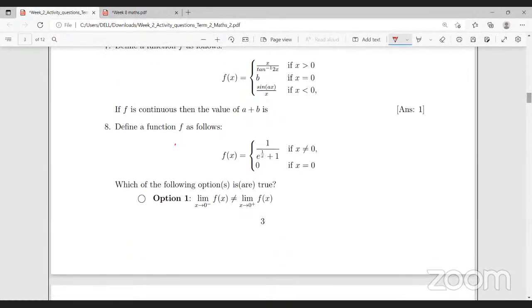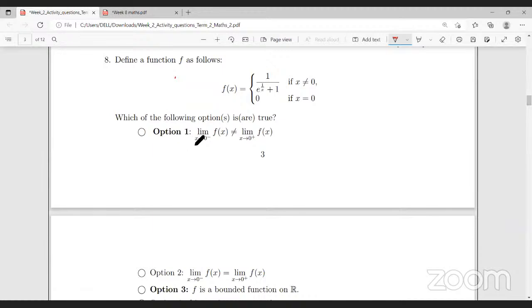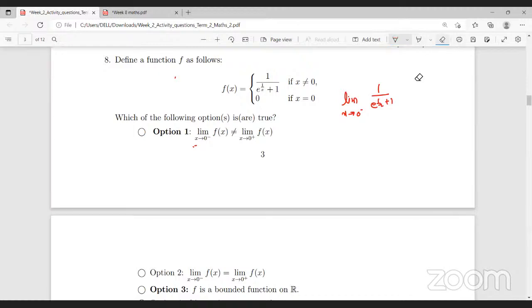We have to find out the left hand limit and right hand limit. What will be the left hand limit? Limit x tends to 0 of 1 upon e to the power 1 by x plus 1. This is not a standard function, so you have to go by definition only here. What is the definition of limit?